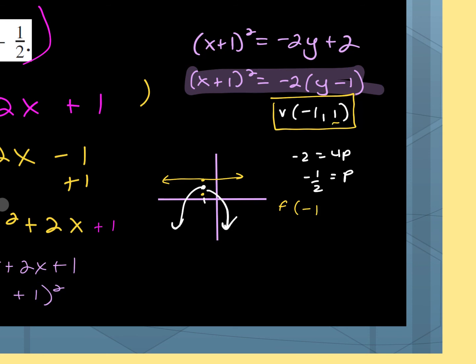And then from this 1, I'm going to subtract a 1/2 because I'm moving down. And then to the y, I'm going to add the 1/2 to get the directrix. This is a line. So my directrix is y equals, because it's a horizontal line, 1.5.